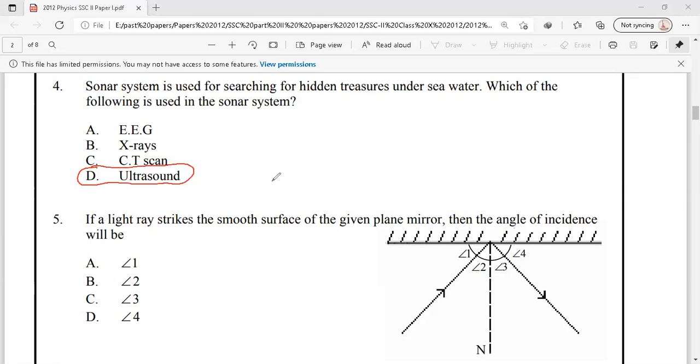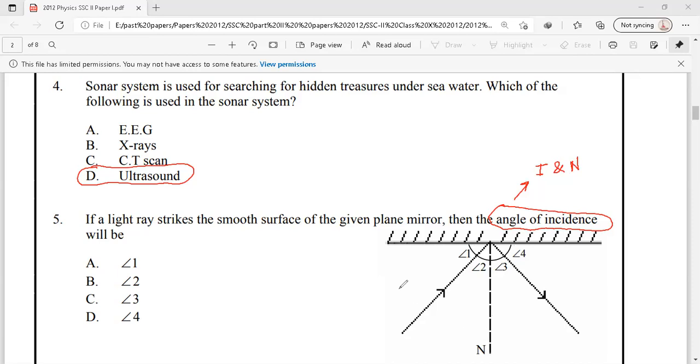Then we have question number 5, in which we have a plane mirror and an incident ray strikes the mirror, and a reflected ray and a normal are drawn on this diagram. We have to identify which of the following is the angle of incidence. We know that the angle of incidence is always formed between the incident ray and normal.